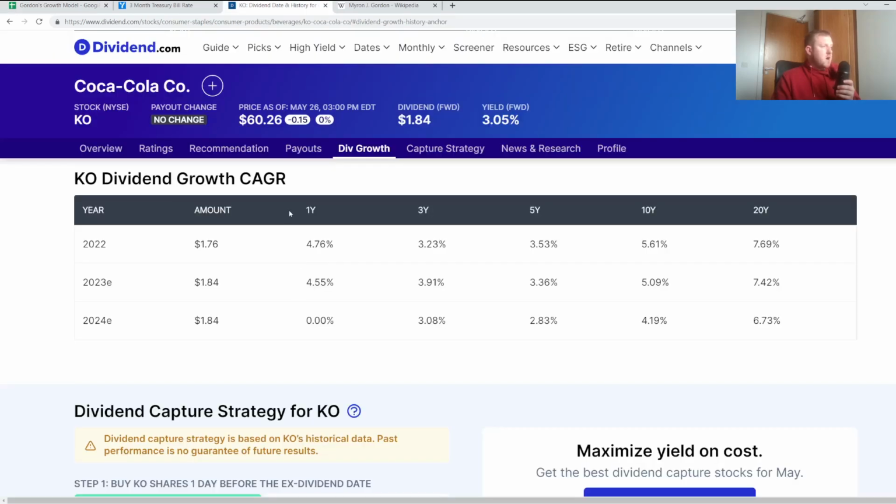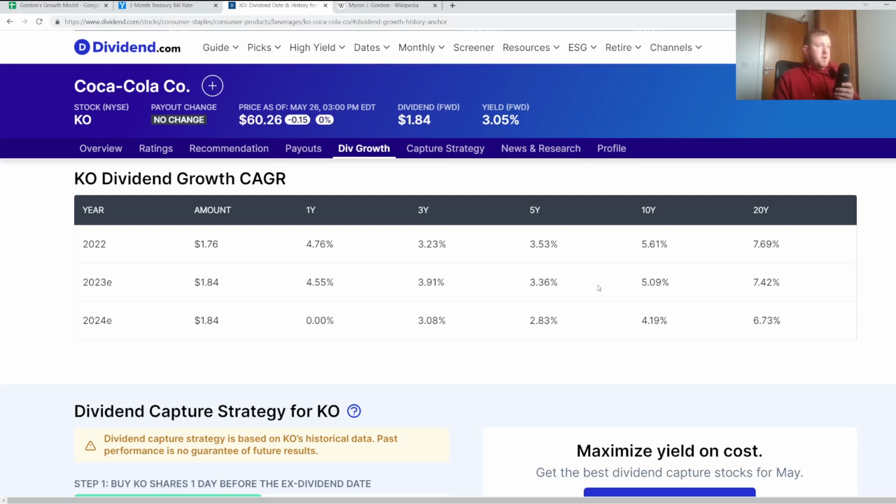Now Dividend.com quote a lot of different expected growth rates. They have growth rates over the next year, the annualized growth rate over the next 3 years, 5 years, 10 years and 20 years. For your calculation, you are also going to have to select a growth rate which you think the dividend of the company is going to continuously grow into the future. So this is where you need to use a bit of judgment.